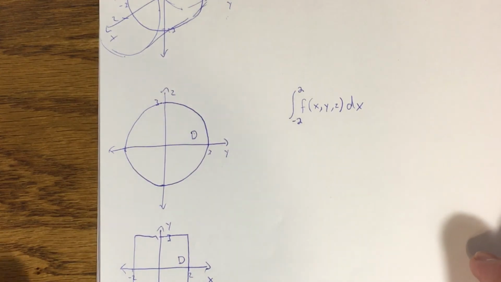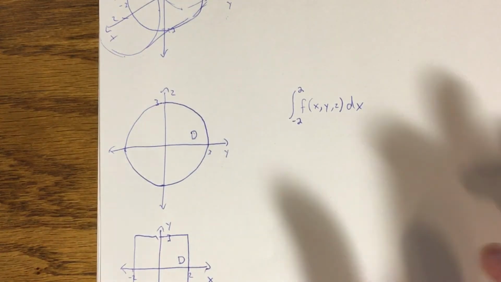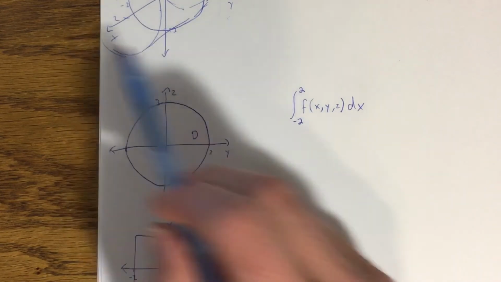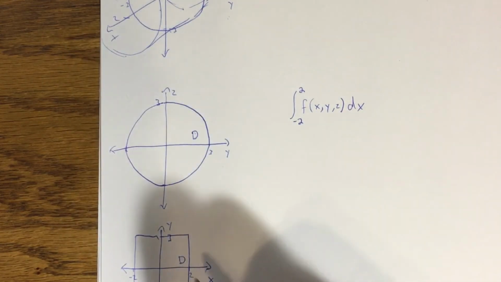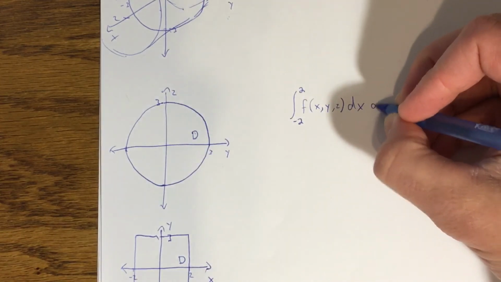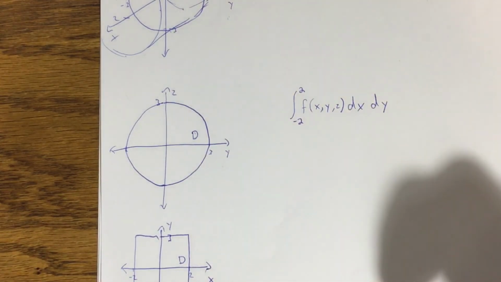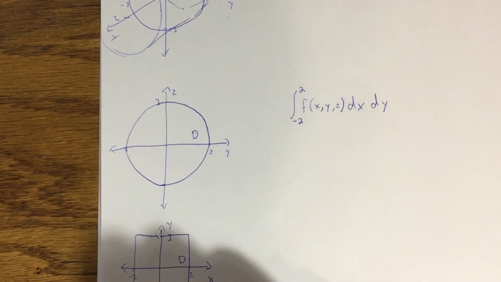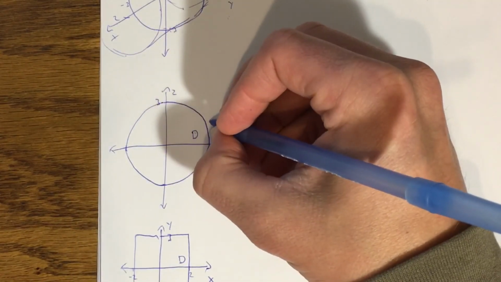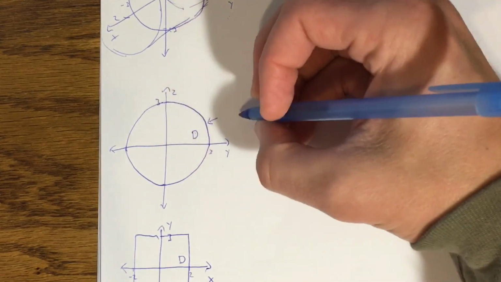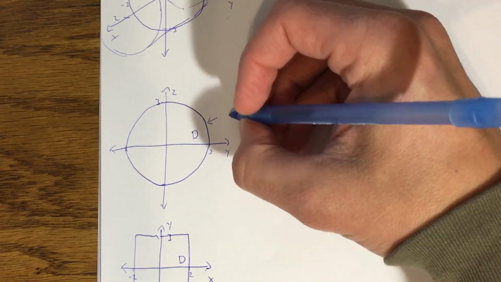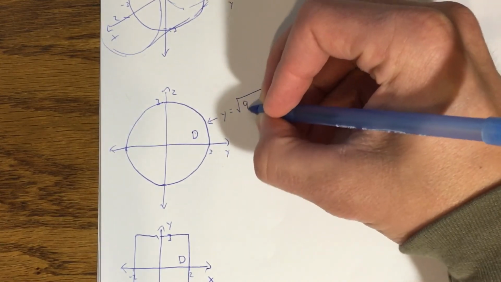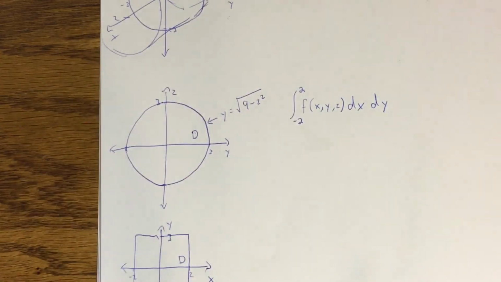Now having written that, I want to look at how y and z are dependent on each other. For example, if I want to integrate with respect to y, I have to think of y as dependent on z. Notice, I can think of the right half of this semicircle as the equation y equals the square root of 9 minus z squared.